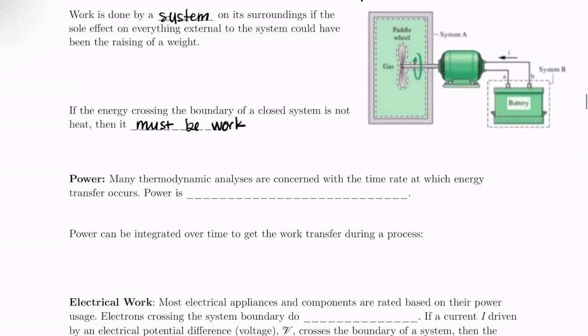Power. So a lot of our thermodynamic analysis that we do in this class is going to be concerned with the time rate of change at which energy transfer occurs. And power is the rate of energy transfer by work. We're going to denote this as W dot. So anytime we have a rate, we have that dot, because that means dW/dt.